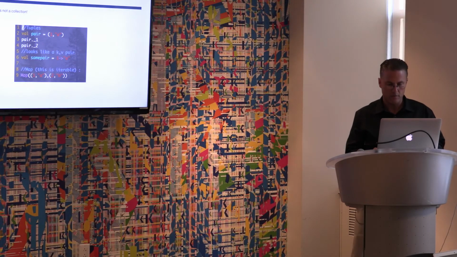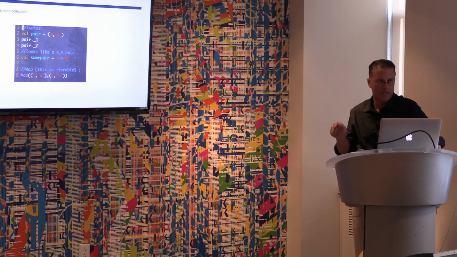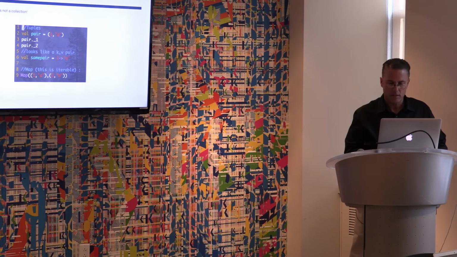And for the 2-element tuple, it looks like something called a key-value pair. If you're coming from the MapReduce world, the key-value construct is something you see over and over again when you're doing word counts, for example.